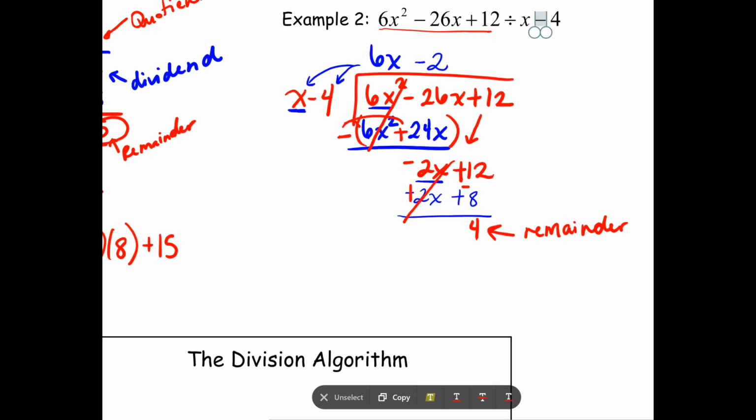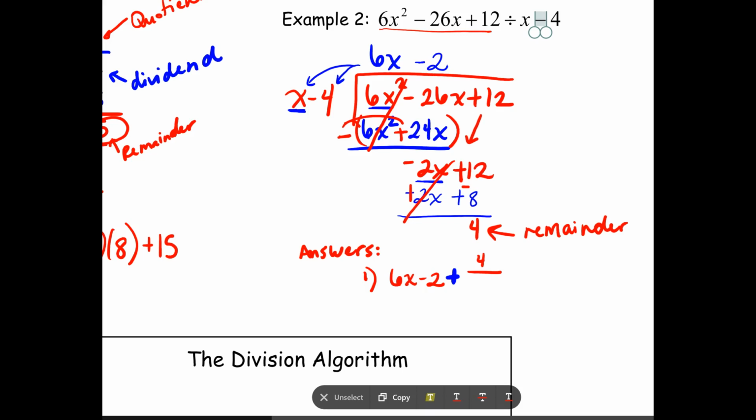There's two ways that I want you to get in the habit of writing this. So the two ways are similar to what you saw over here to the left. The first way would be, so let's go ahead and put our answers. The first way would be use your quotient, which is 6x minus 2, and you would add that to your remainder, which is 4, over your divisor, x minus 4.